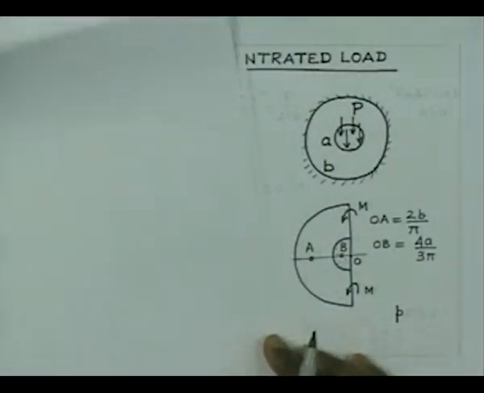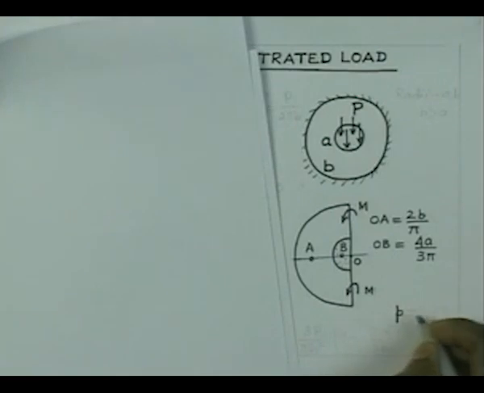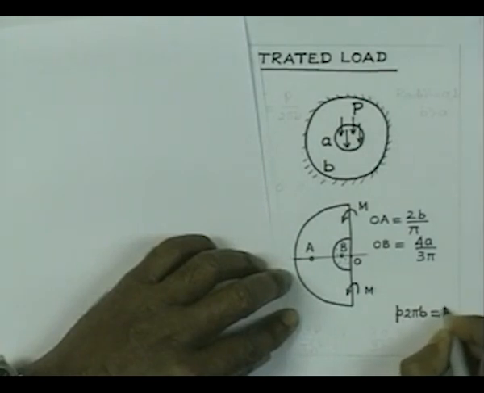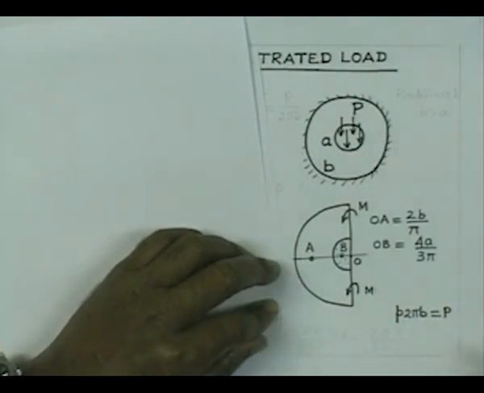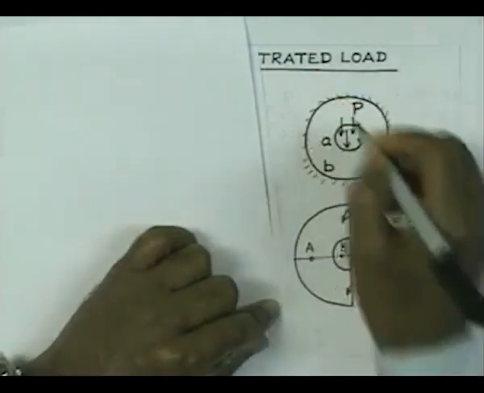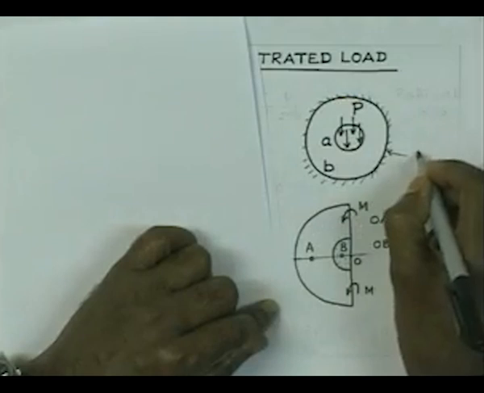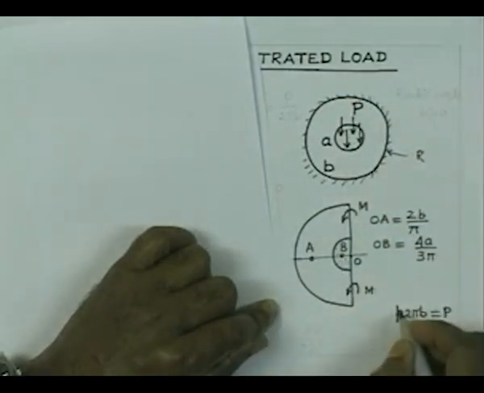Then in that case, we can write R into 2 pi b is equal to P. It is better to represent this reaction to be R rather than p, because p let us reserve for uniform pressure.